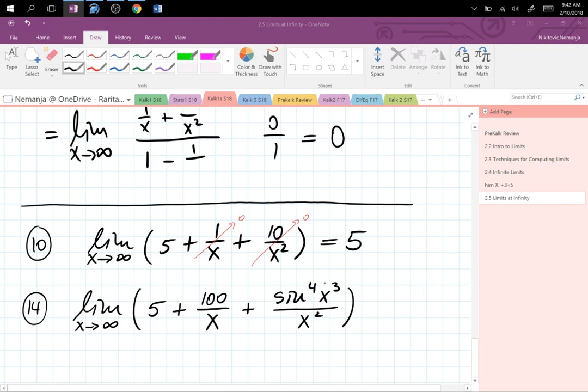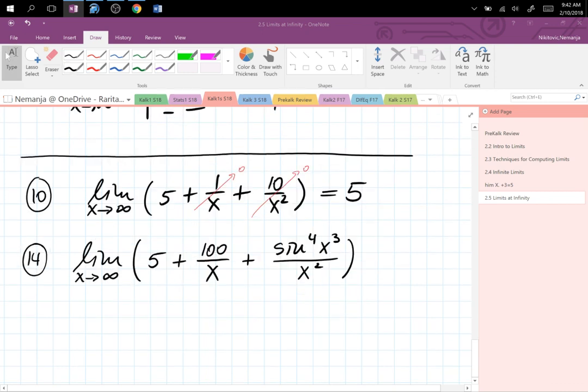As soon as you have a trig sine or cosine, the range of sine and cosine functions is bounded by 1. So, believe it or not, whatever you write here, as long as it has sine and cosine, is always smaller than or equal to 1. It can't go over 1. So technically, this term is as good as having 1 over x squared. So all of this term goes to 0, this term goes to 0, and the answer is 5 again.